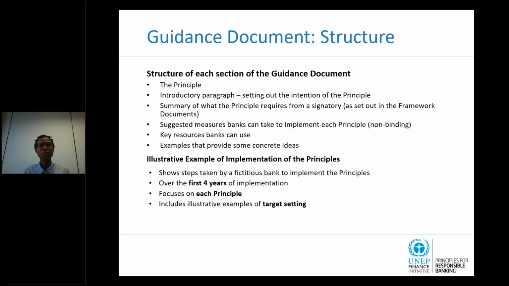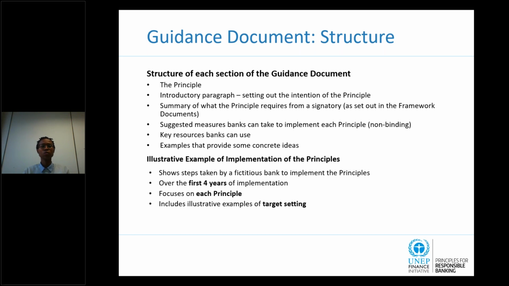So each principle has each one of these points that ends with practical examples as to what it means to implement each one of the principles. The illustrative example of the implementation of the principles shows, like a fictitious bank, what had been done. Over the first 4 years of implementation, we are expected to be working on this progress.